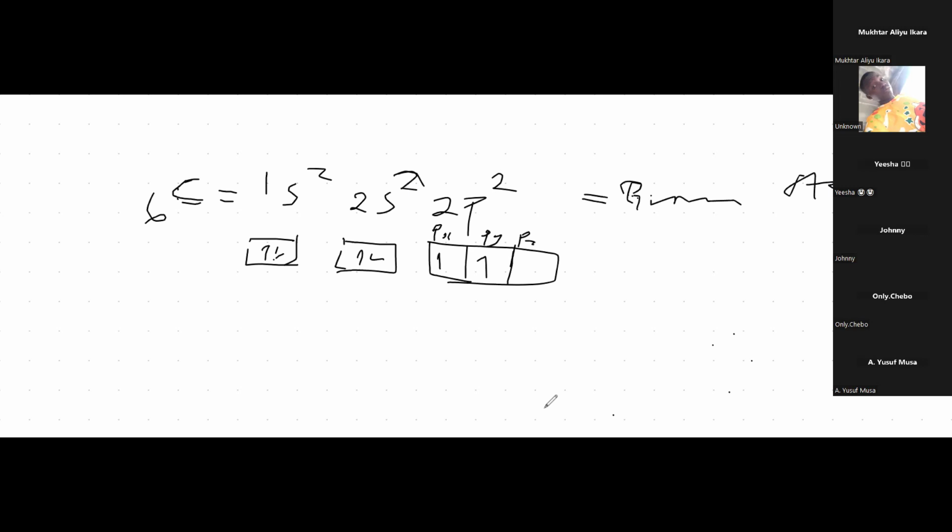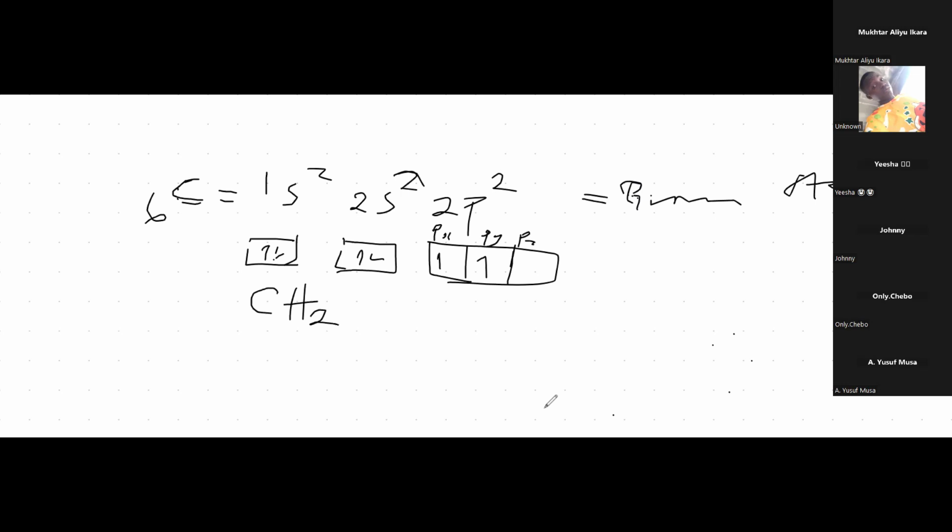Now, if we look at this carbon at the ground state, there are only 2 unpaired electrons. So this carbon will only bind to 2 hydrogen atoms, and at the end we are going to have something like CH2.